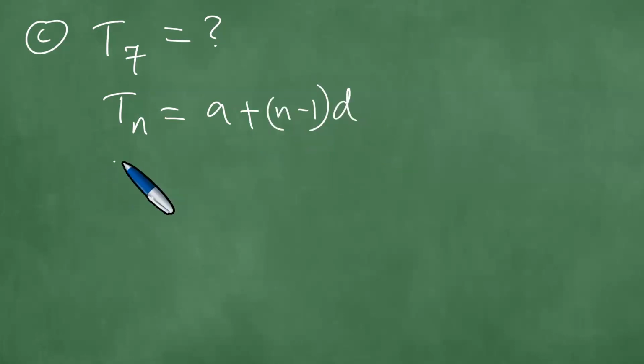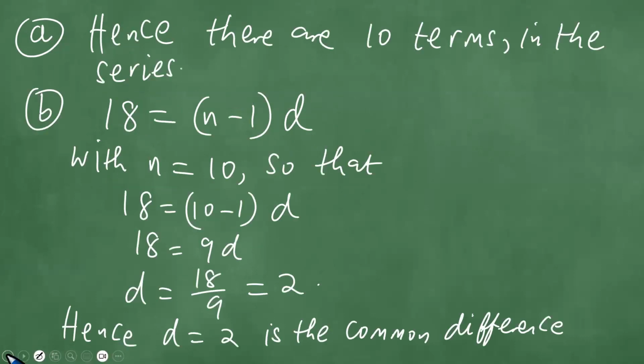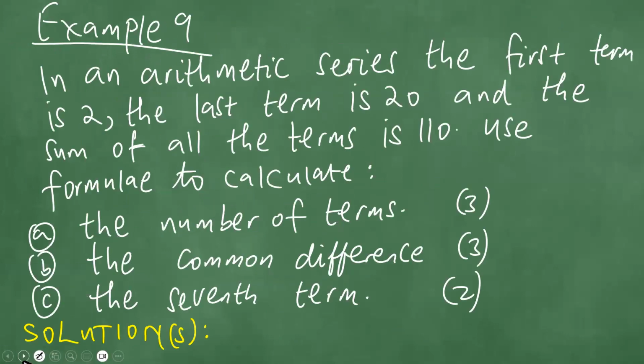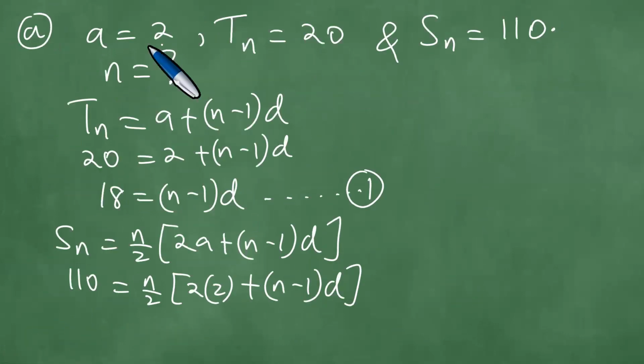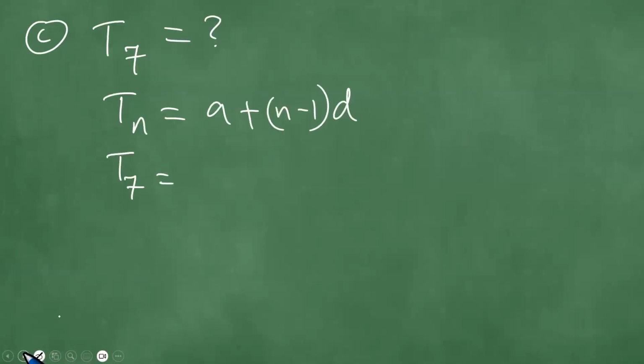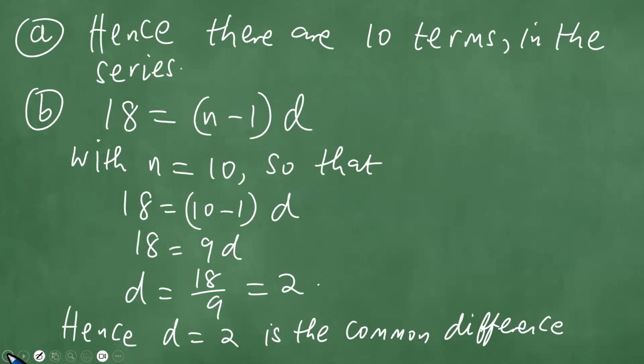We're looking for T7 when the first term is 2. The first term is 2 plus 7 minus 1, because the 7th term, into the common difference d equals 2.